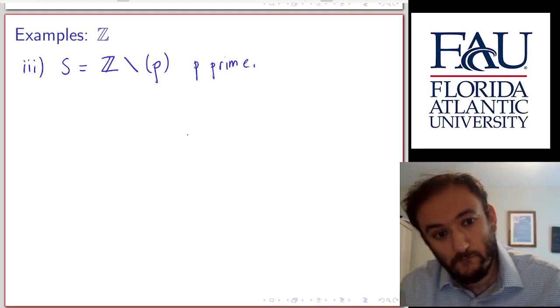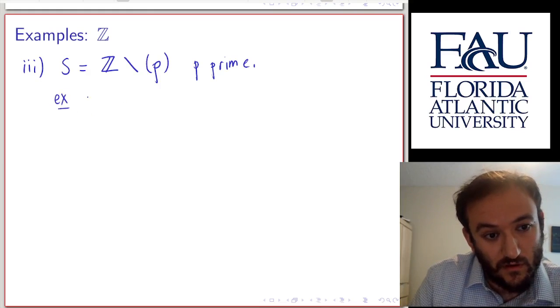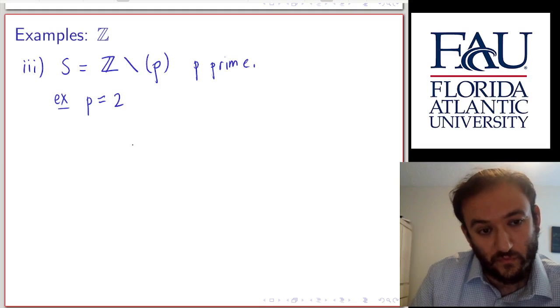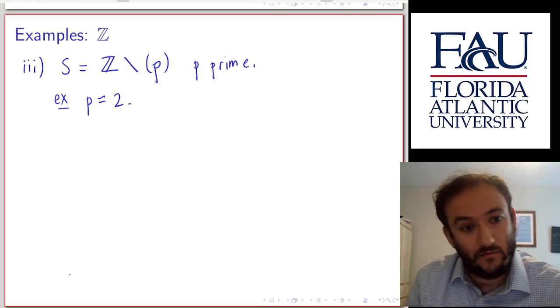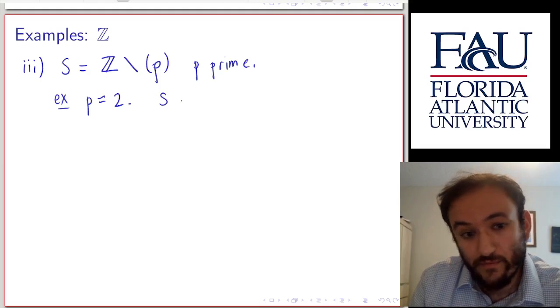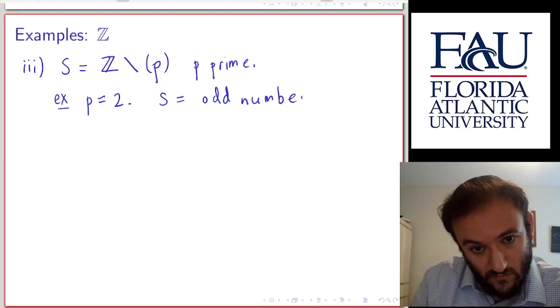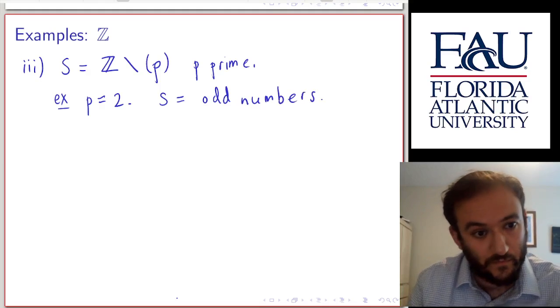Okay. So for example, if p equals 2, then we're looking at S being the odd numbers. Okay.